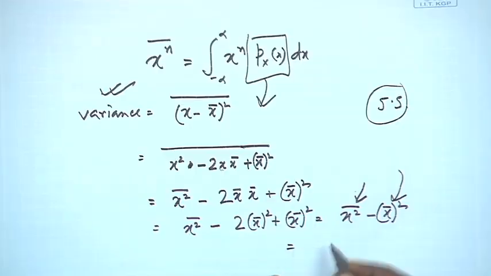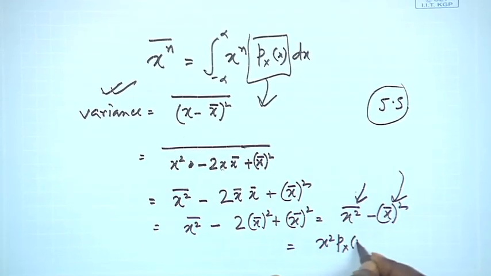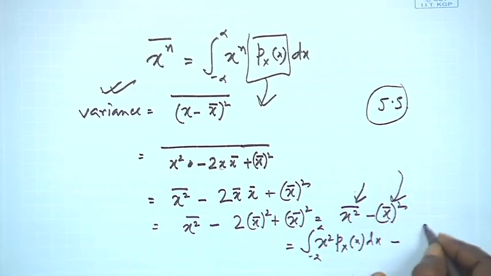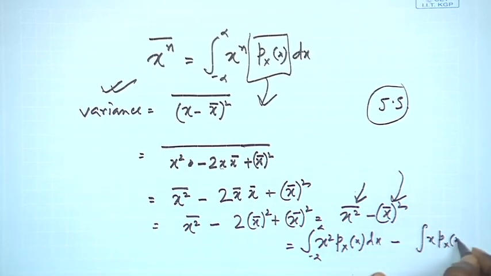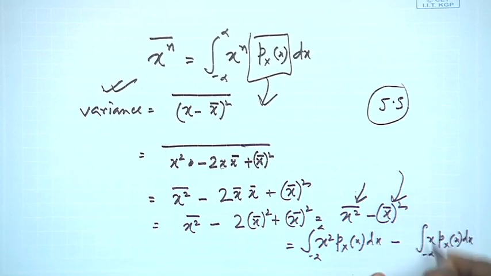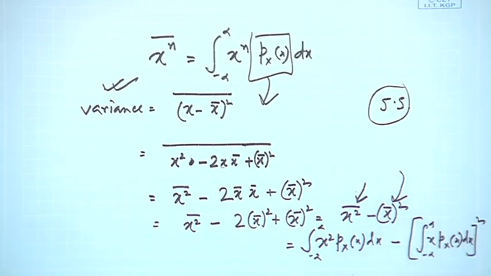So, this we can write as the integral of x square p(x) dx from minus infinity to plus infinity, minus the integral of x p(x) dx, the whole squared. So, that is all. Immediately we get our variance, and standard deviation is nothing but the square root of that variance.